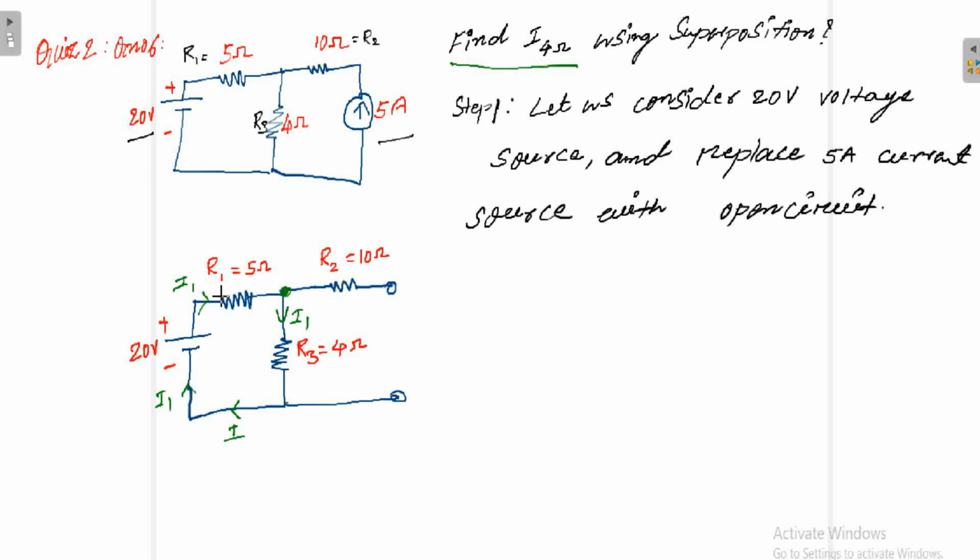So in the first case, I1 is equal to total voltage by total resistance, 5 plus 4, that is equal to 20 by 9, which is equal to 2.22 amperes.